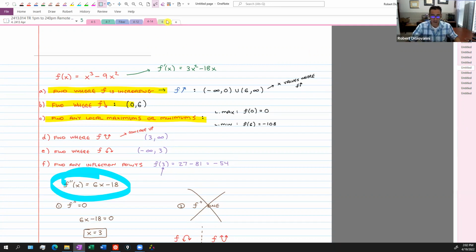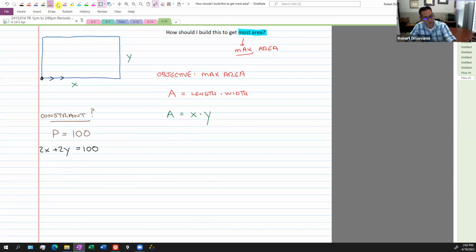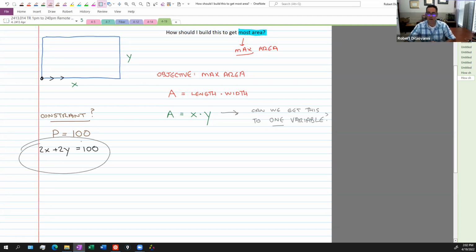So we have to figure out, is there a way, can we get this to one variable? Well, we have a constraint over here, right?